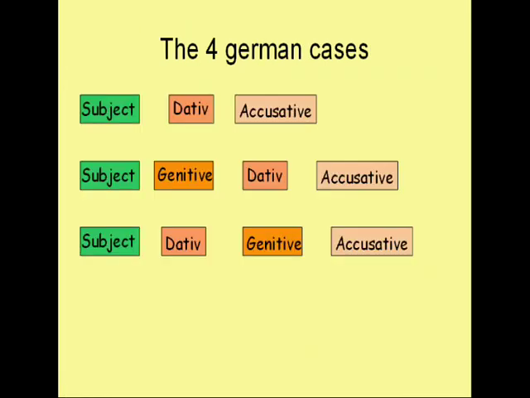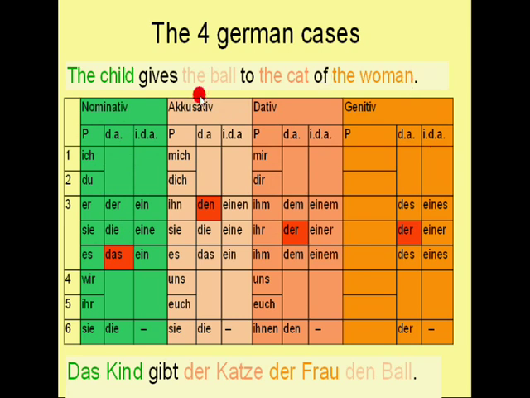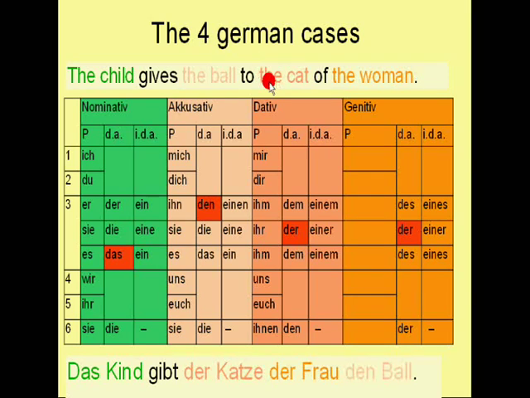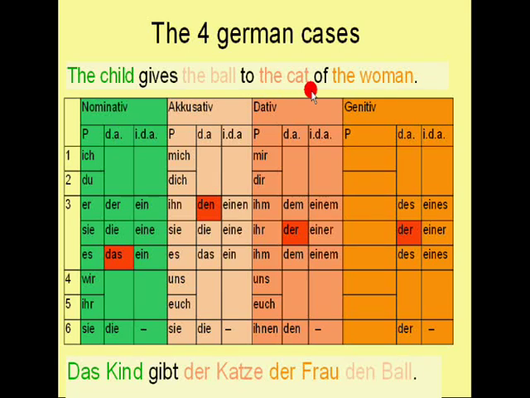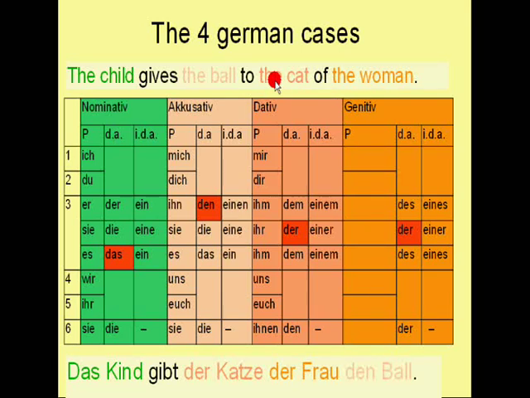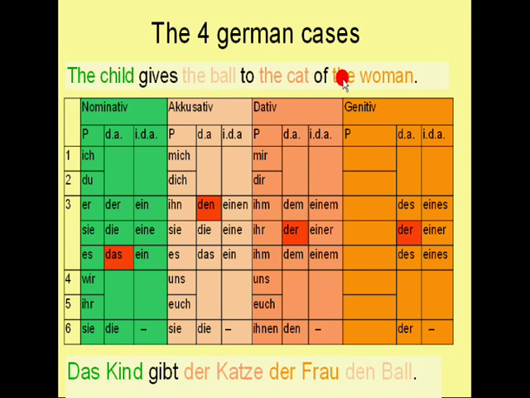Now what if the indirect object is the possessed one? The dative object. Then the genitive case follows right after the dative object and is therefore between dative and accusative case. This would be the sentence, the child gives the ball to the cat of the woman. The cat is the indirect object, the dative object, and it's the possessed one, and the woman is the possessor.